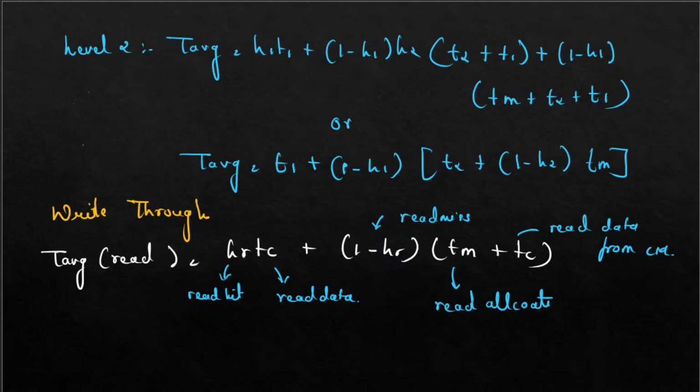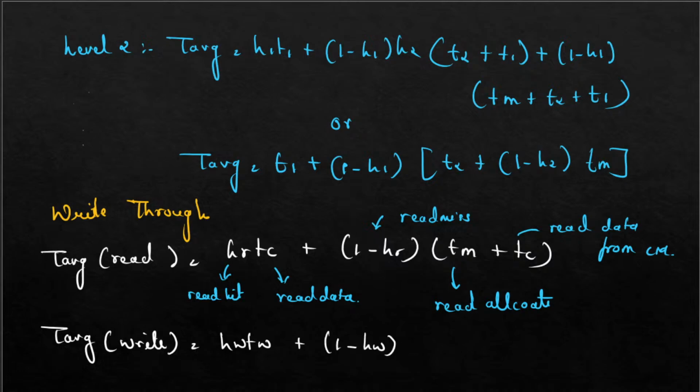Okay, T average write, which is HW TW plus 1 minus HW plus TM plus TW.